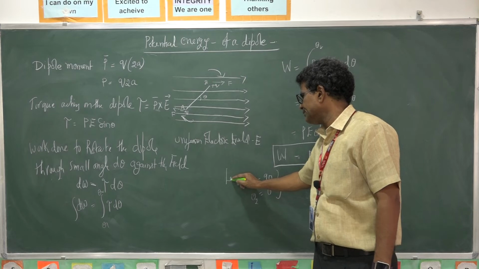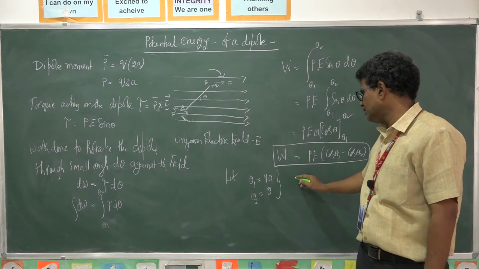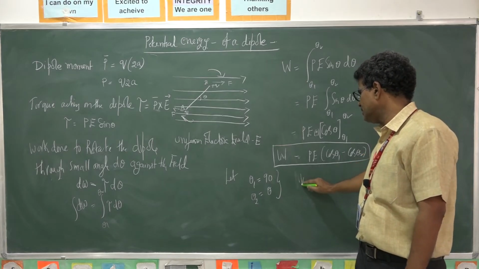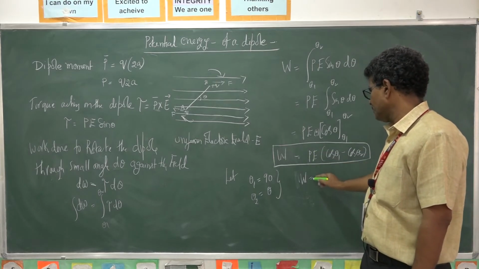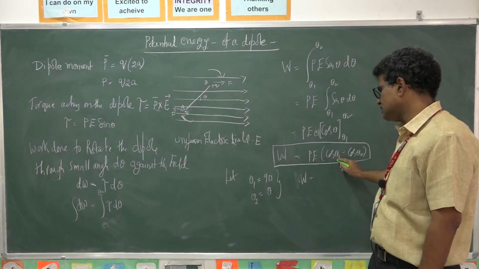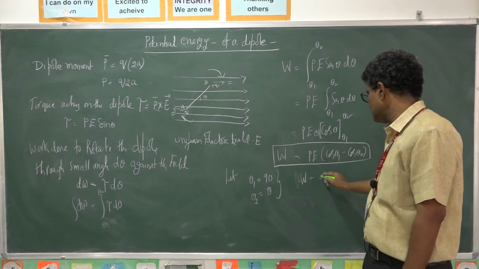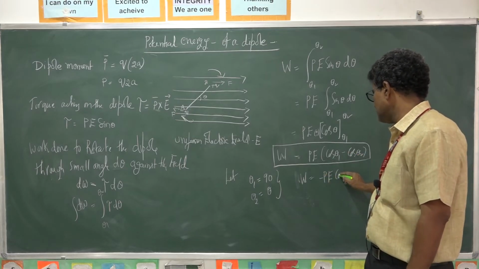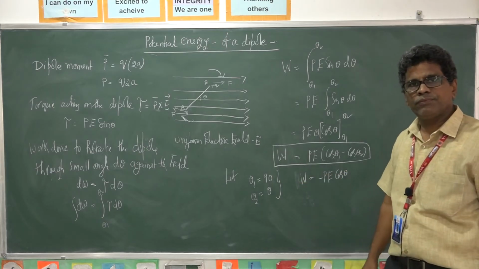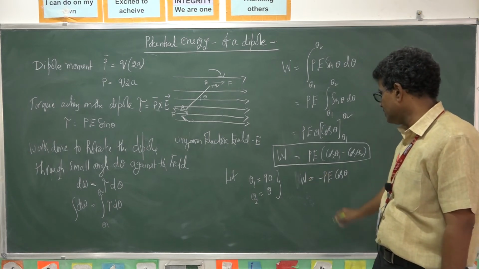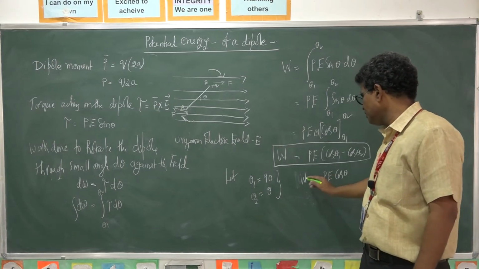Then the work done to rotate is, cos 90 is 0, so you will get minus PE cos theta. The negative indicates that work is done against the field by the external agency, so it will be stored in the form of potential energy.